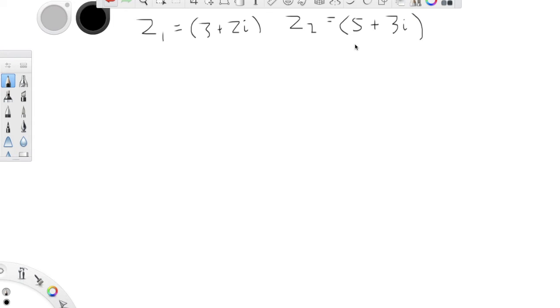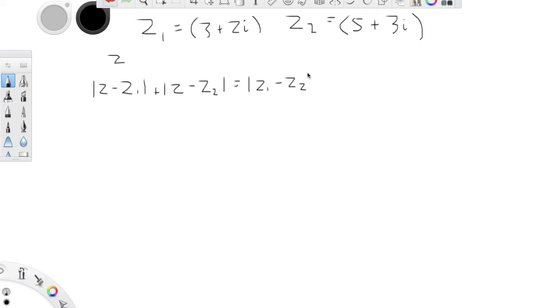Now, we want to try and construct a line segment from these 2 points. So here's what we can do, I'll show you. We can have our locus being equal to z, so our locus is just any number that is on z, and our restriction for z is: the modulus of z minus z1, so the distance between z and z1, plus the distance between z and z2, is equal to the distance between z1 and z2.